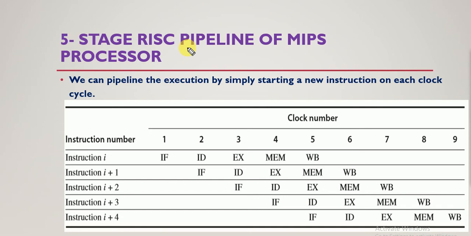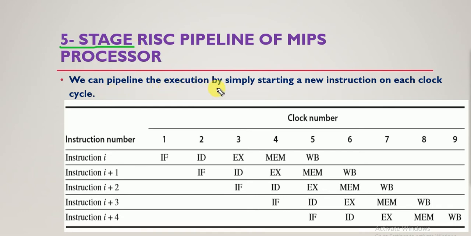This is by implementing the pipelining mechanism. The pipeline is maintained in a MIPS processor by using these 5 stages. So the 5-stage RISC pipeline architecture of the MIPS processor is given below. This is the basic of the pipeline concept.